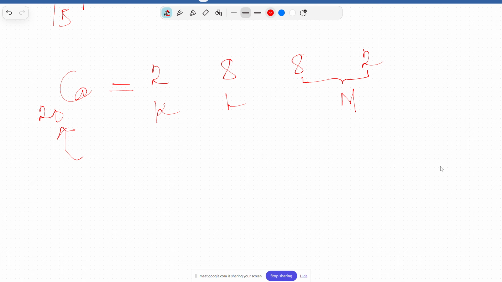Now, suppose you want to write the electron configuration for calcium 2 plus. Can someone help me with this? How will it be?